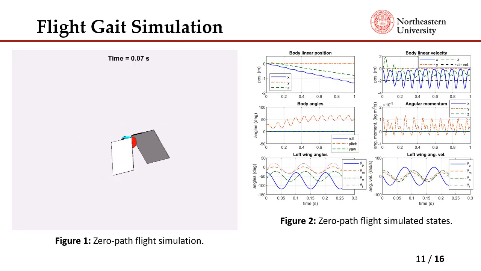So here are the simulation results using the dynamic modeling and optimization described earlier. You can see the simulation animation on the left and the plots on the right side. The robot is under a 2 meter per second wind speed acting from the front side of the robot, and we're simulating this using a 10 Hertz flapping frequency, which is typical for bats of this size.